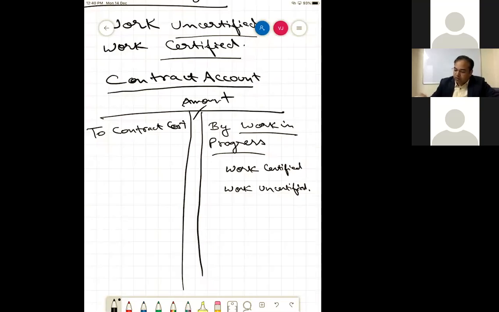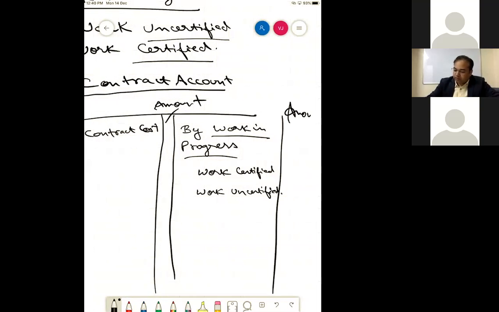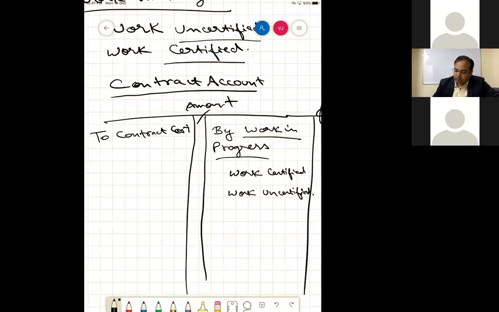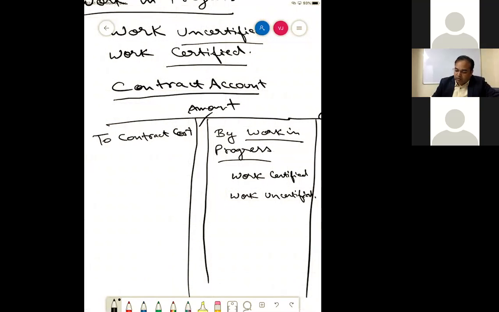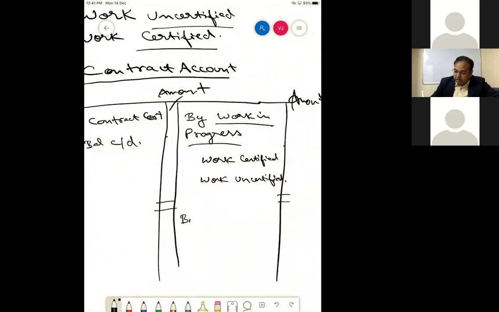Similarly, on this side also you will be having one amount column. So you write on the left hand side contract cost, then you get your work in progress, and if there is any balance, if there is a difference between these two amounts, we carry it down to balance carried down, and whatever balance is there, we bring it over here, like to balance brought down.